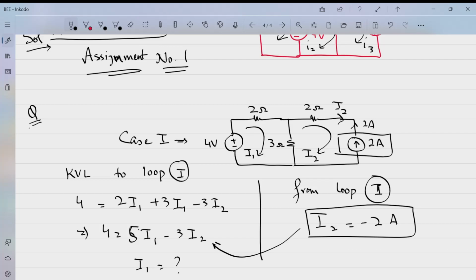Fine. So with a current source located towards an end of a mesh, it is much easier as compared to solving a current source when it is located in between meshes. यहाँ पे हमने directly identify किया that this is what will be the value of current.